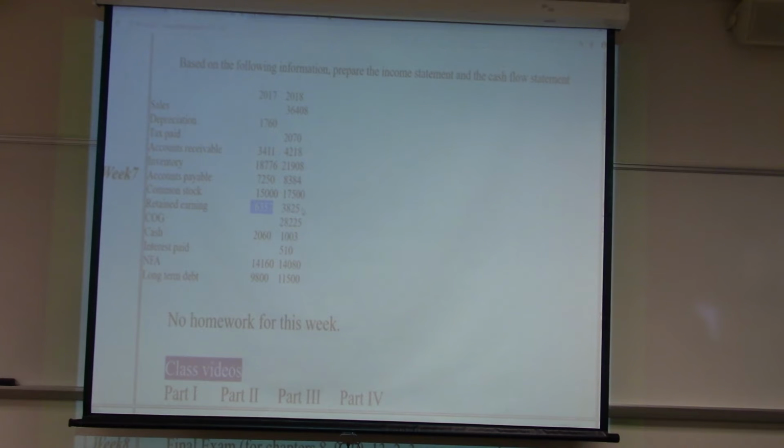You use 2018's retained earning minus 2017's retained earning, and that will be how much money you take out of your account, the change in retained earning. So this is your account, and a year later it's $2,500 some dollars less, because you took some money out of your account.